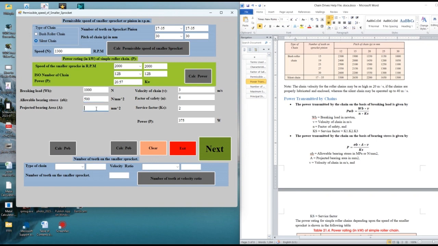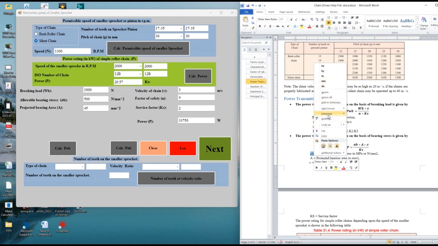Then the area in millimeter square, for example 45 millimeter square, and V and KS, here there are values. So we can calculate P on the basis of bearing stress. Do you see the value has changed?